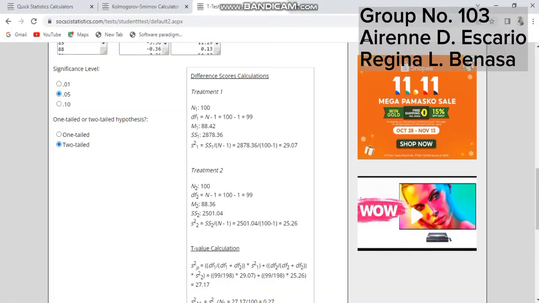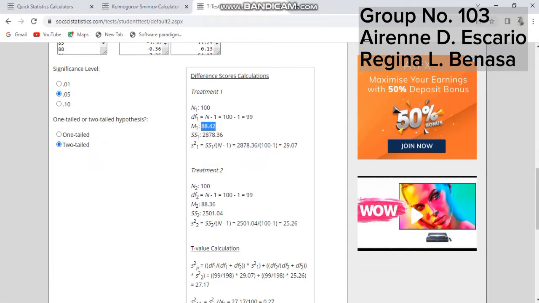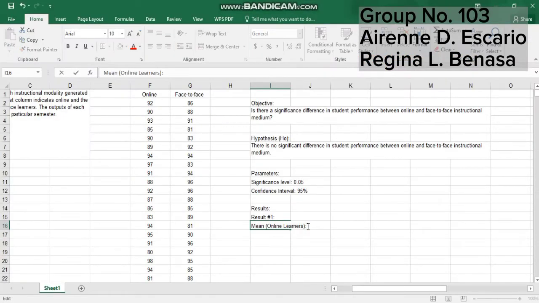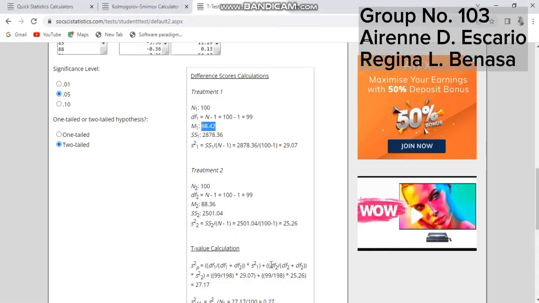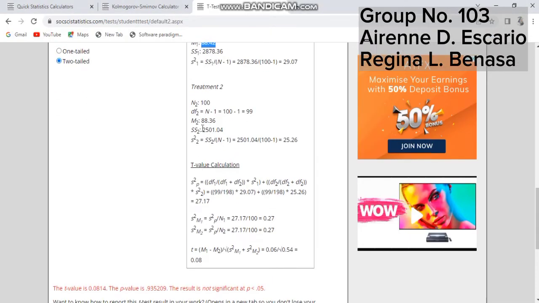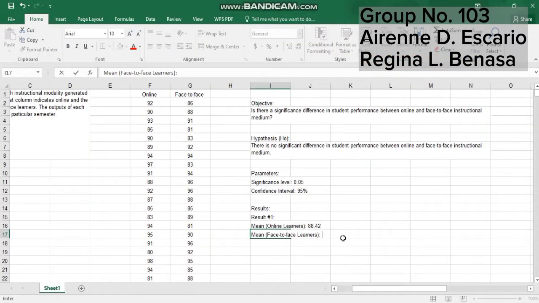For treatment number 1, the mean of the average grade of online learners is 88.42. For treatment number 2, the mean of the average grade of face-to-face learners is 88.36.